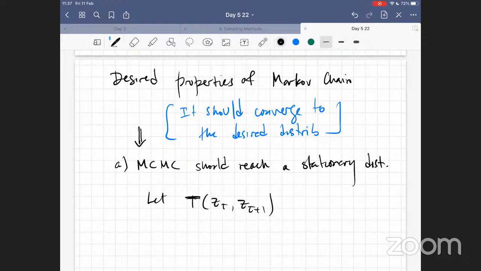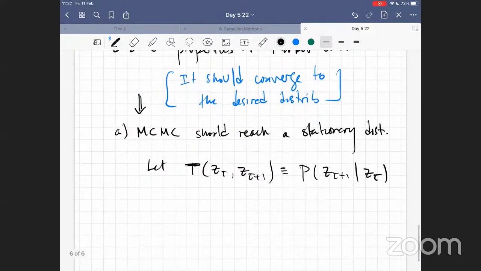So those are vectors in general. So this is just another name for the probability of z tau plus 1 given z tau. Okay, I'm talking about the true probability of z tau plus 1 given z tau, which I don't know a priori.